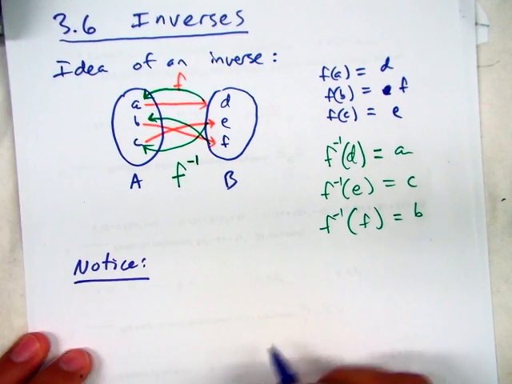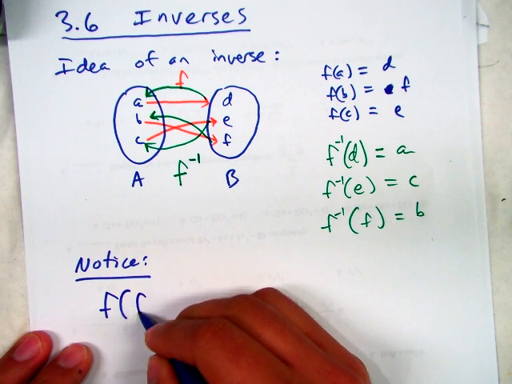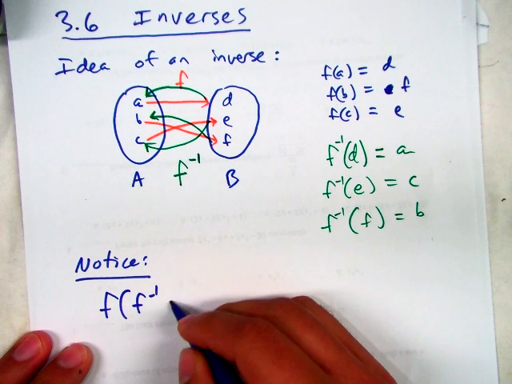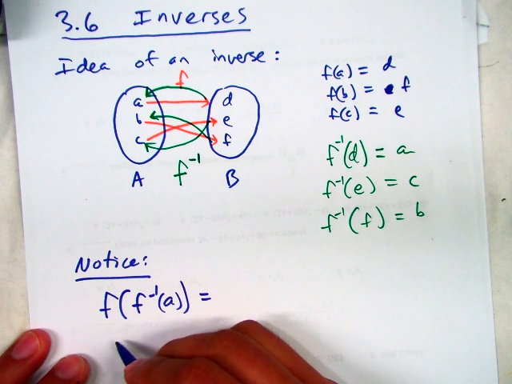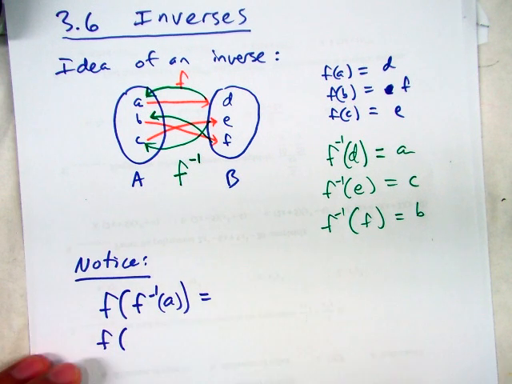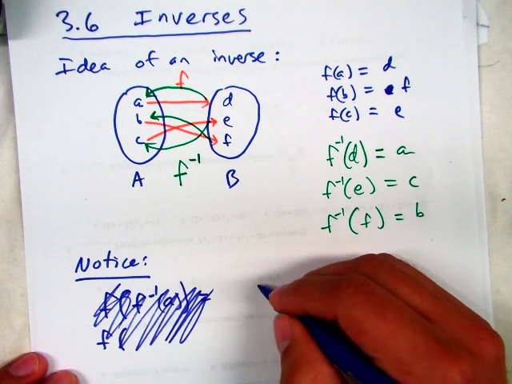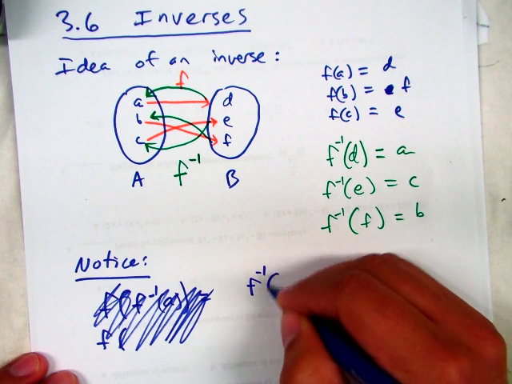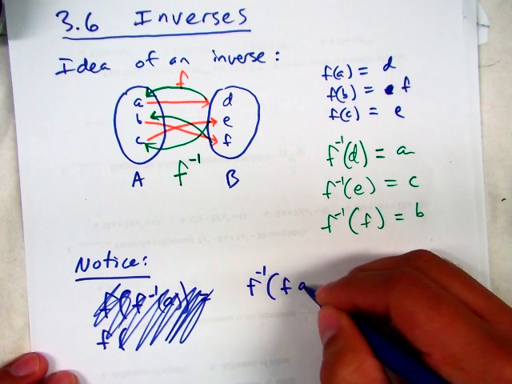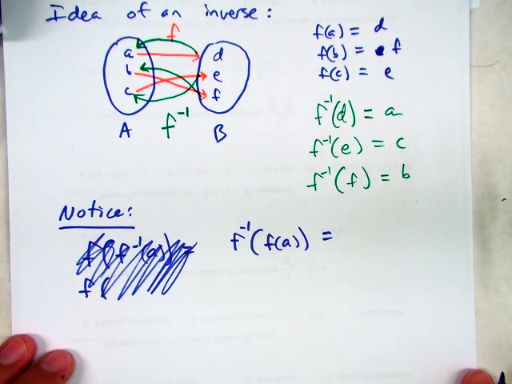Okay? So now a few things I want you to notice. Let's say I have the inverse composed with f of A. What do we get?